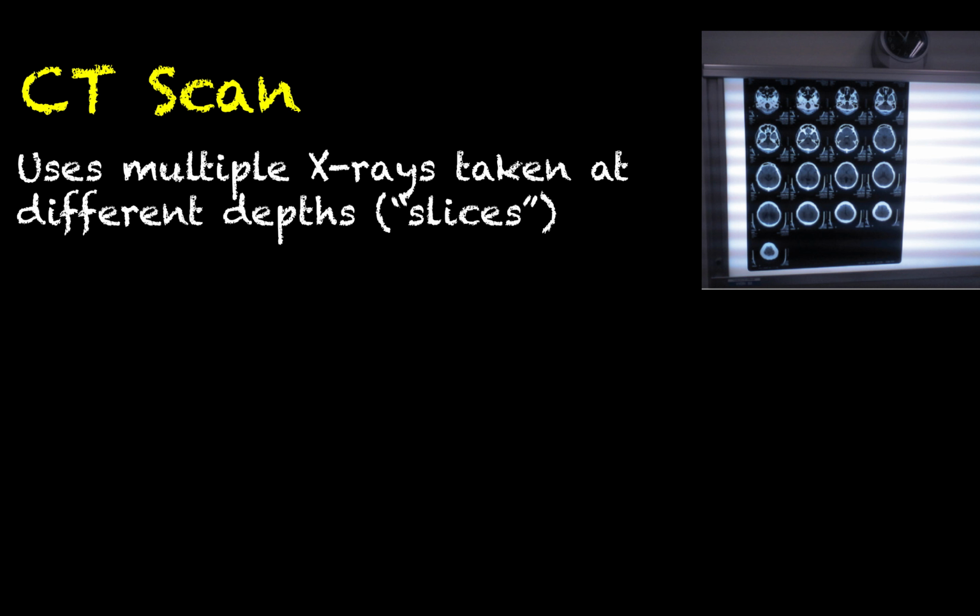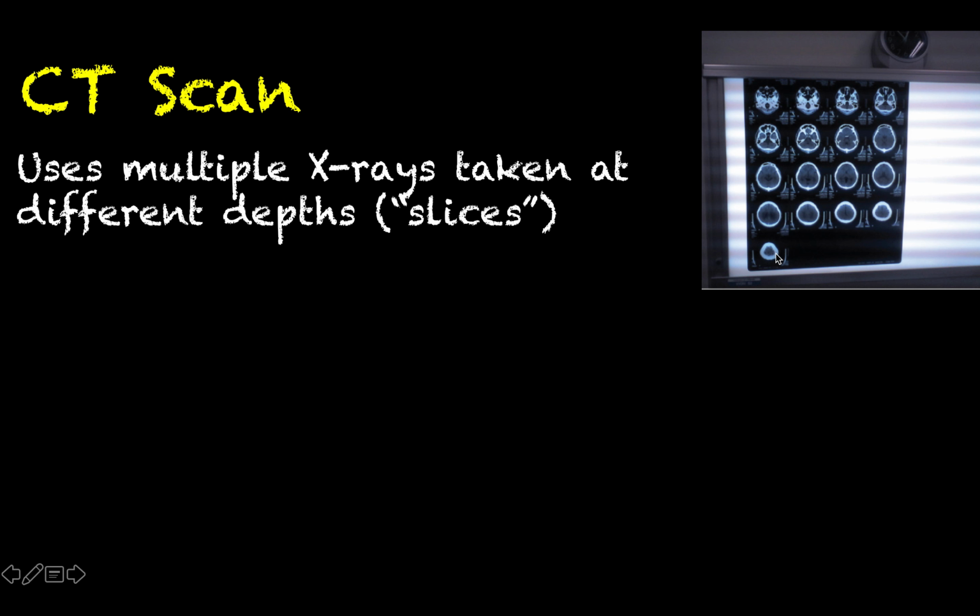The next technique, which is highly related to the X-ray, is the CT scan. CT stands for computed tomography. The CT scan utilizes multiple X-rays that are taken at different depths of exposure to tissue. So you can think of these as like slices.